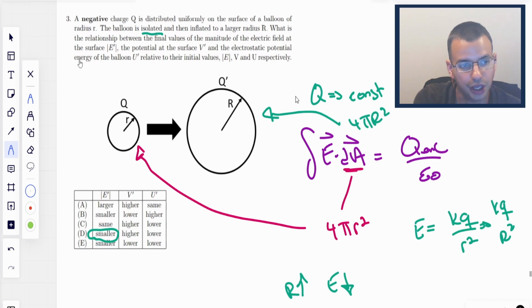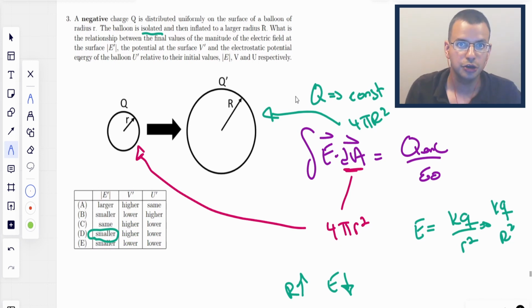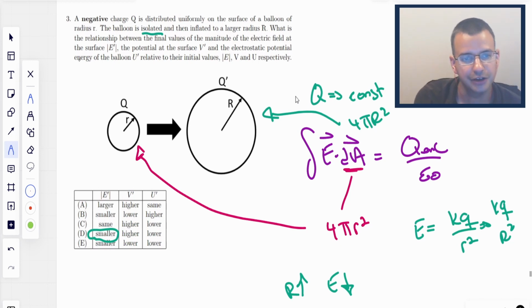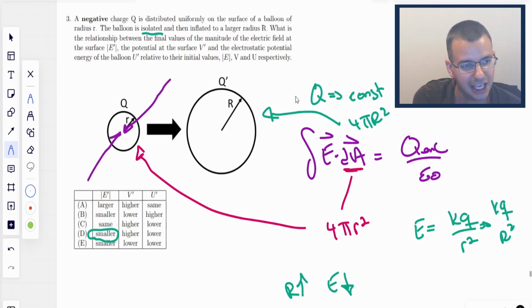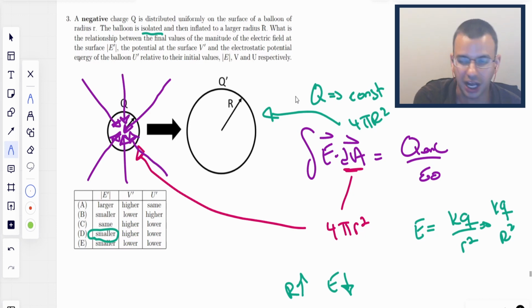Another way to think of this is you can model the electric field of a sphere as the electric field of a point charge. I'm going to draw these electric field lines going in because it's negative. The strength of the electric field, I know I should do an infinite number of these and they should all be uniform. They're not.